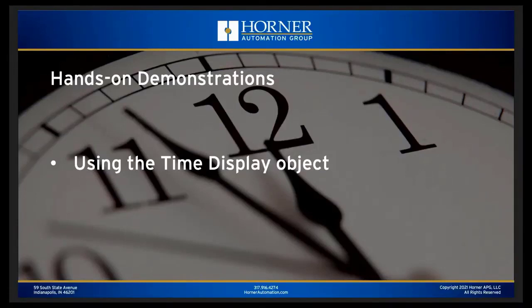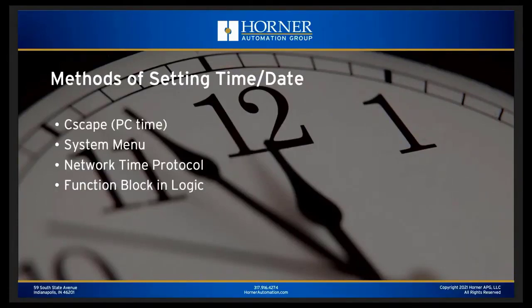And next, let's talk about the different methods of setting time and date. There are basically 4 different ways we can do that. We can set it from our PC in Cscape. We can set it from the system menu. We can use something called network time protocol, where we get the time from a local network or from the internet.